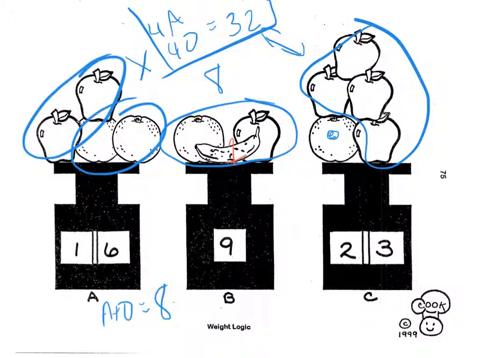So we say, well, the difference between these two is 3 oranges, and the 3 oranges must be the difference between having 32 and 23. So they're 9 different. The 3 oranges make up 9, so each orange makes 3. If the orange makes 3, then the apples must be 5.